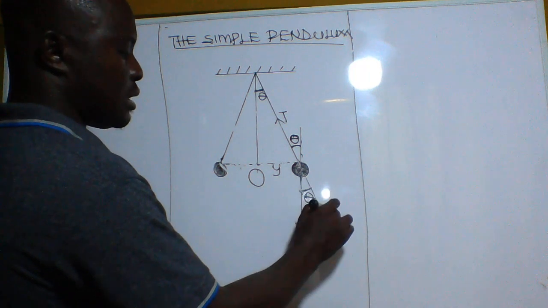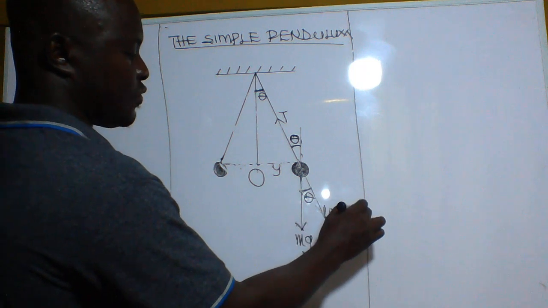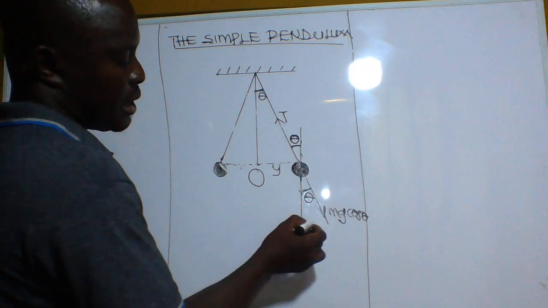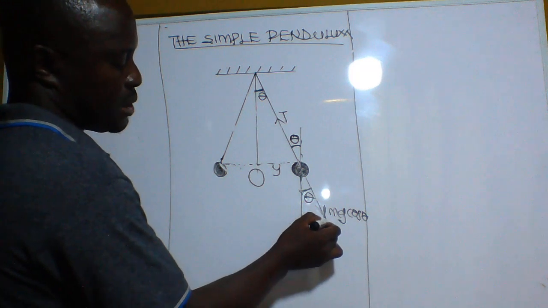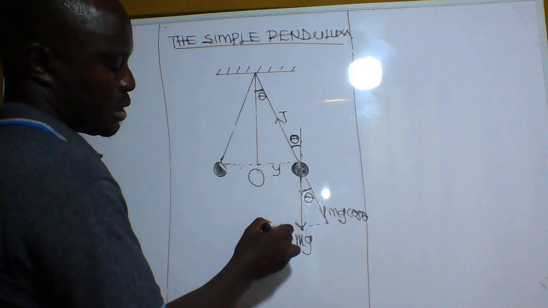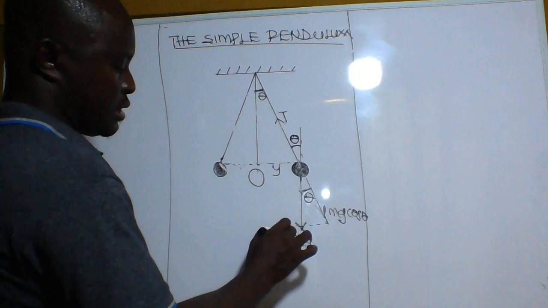So the adjacent is mg cos theta. And then the side which is opposite to the angle is mg sine theta.